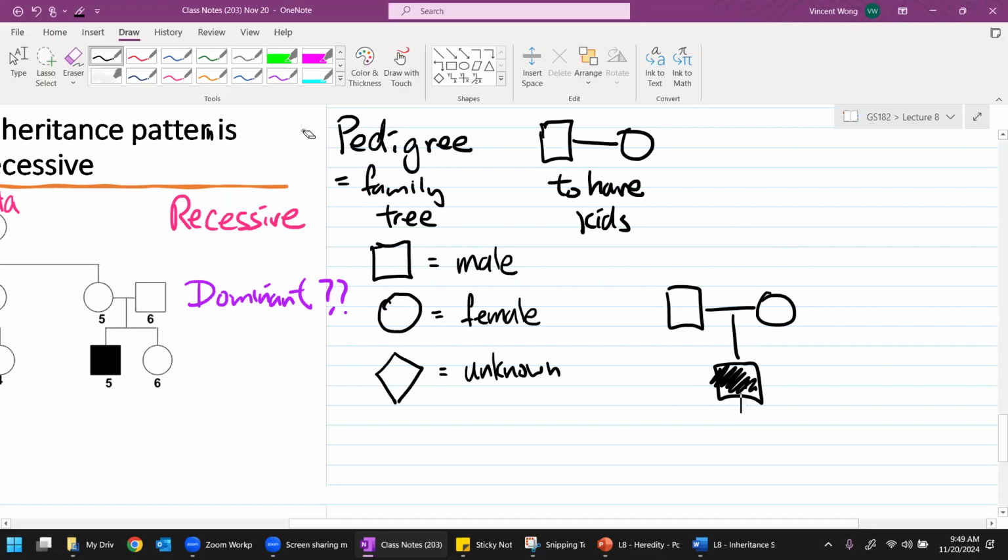Because for this to be a dominant pattern, the capital A has to come from one of the parents. And if it did come from one of the parents, then the parent would have had the same trait. And we do not see that. That means it is not dominant. Okay, let me type that out for you.